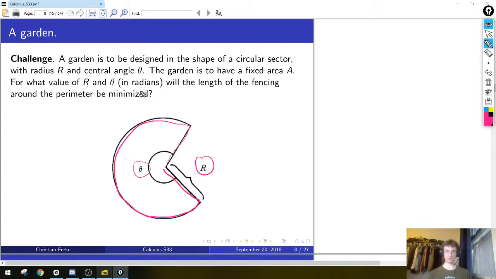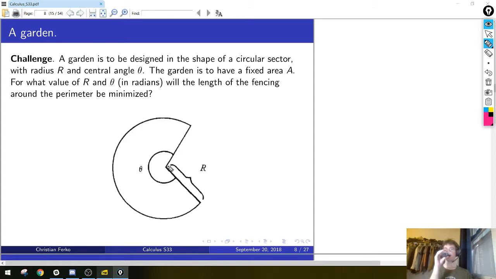What should we pick for r and theta that minimizes the perimeter P? Okay, so first thing I will ask you, what function should we write down, or what should we do first to convert this to a problem which is susceptible to our optimization toolkit?